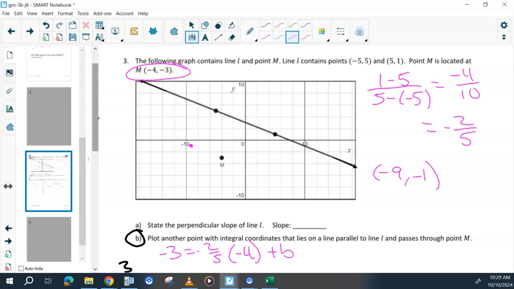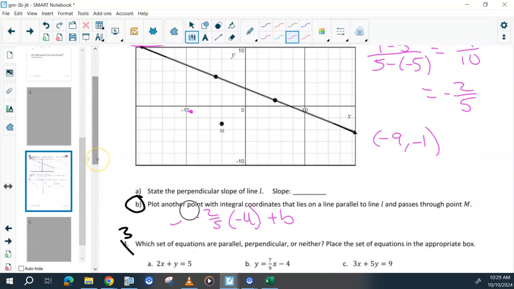Now you could have kept going, you could have plotted a point over here or a point down here. There were multiple answers for that one. Erica? My line is parallel to the line above it. Yes. But I didn't get the -9. I plotted it by doing -2/5.